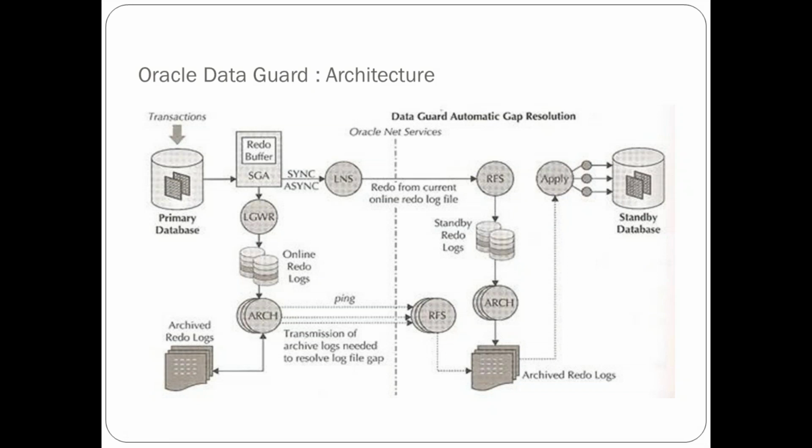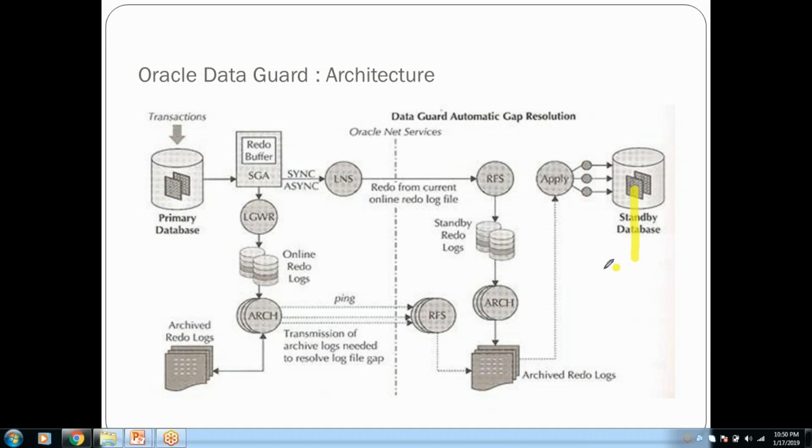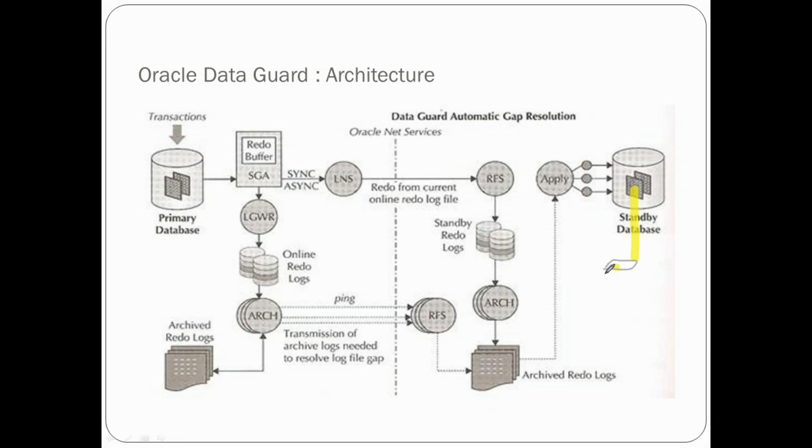Once your standby database becomes a primary database, then these standby redo log files would not be used. You can have online redo log files and standby redo log files at the same time, but only one would be used.